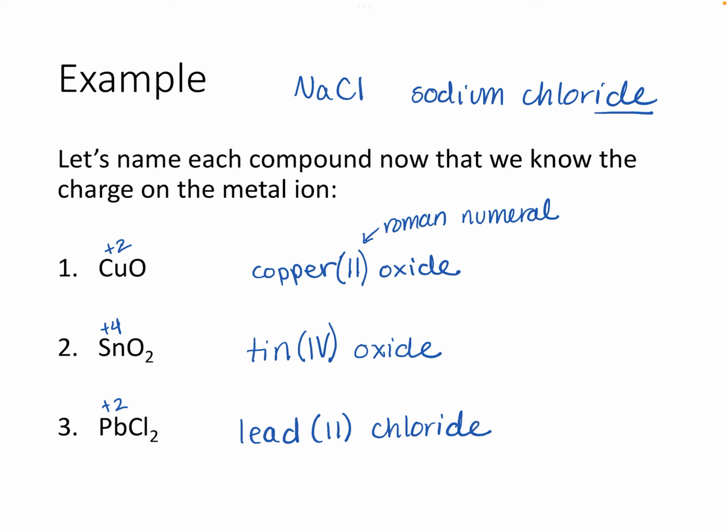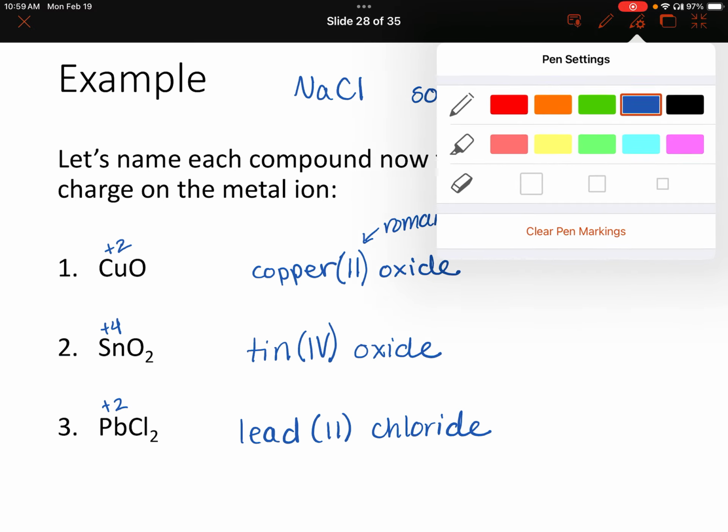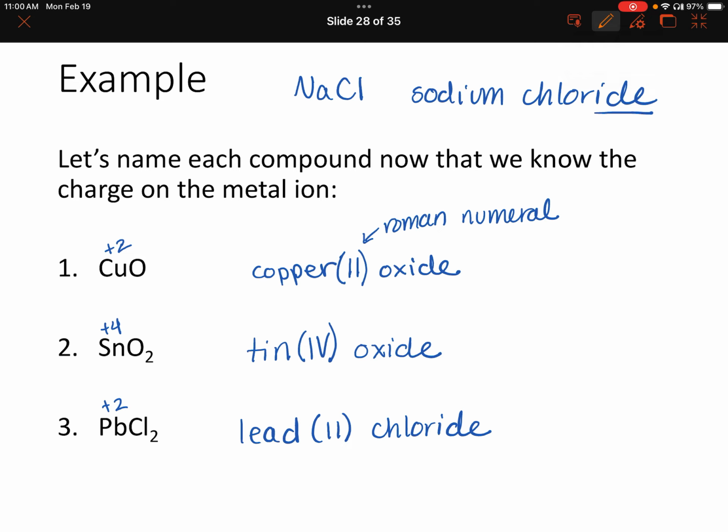All right, and then if it's been a while since you've thought about Roman numerals, or if you've never learned Roman numerals, 1 is just 1 line, 2 is 2 lines, 3 is 3 lines, 4 is a little different.